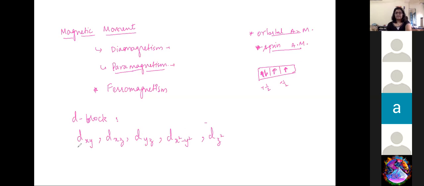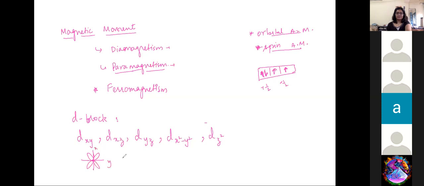Now Ma'am, what are those squared ones? I don't remember reading about those. Oh, so all of them describe how the orbitals are aligned with respect to the coordinate axis. If you have dxy, they basically form a double butterfly in the xy plane itself.